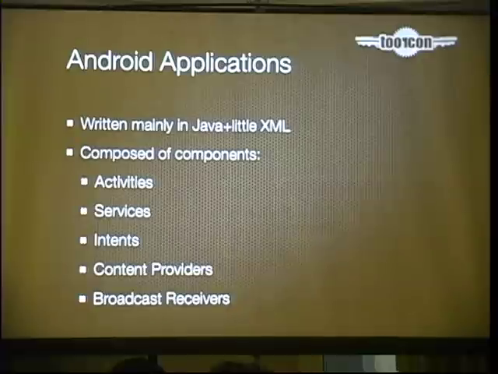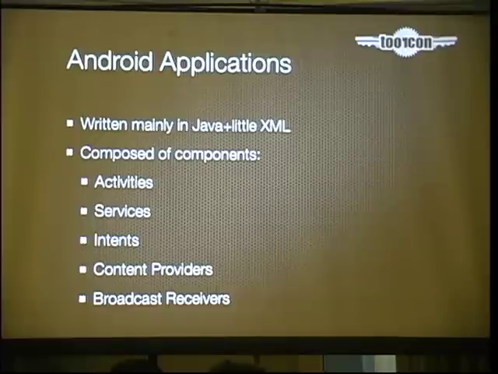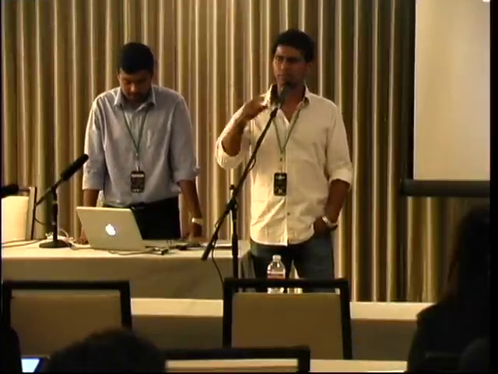Next comes Android application components. Applications are mainly written in Java and a bit of XML, and nowadays you can write applications in Python too. They are composed of components such as activities, intents, and content providers.